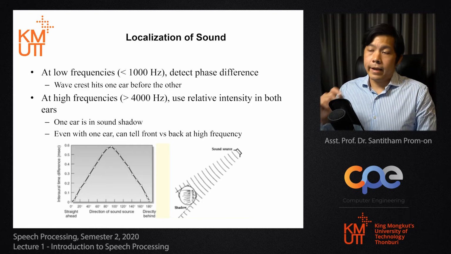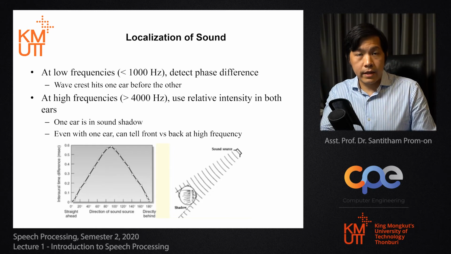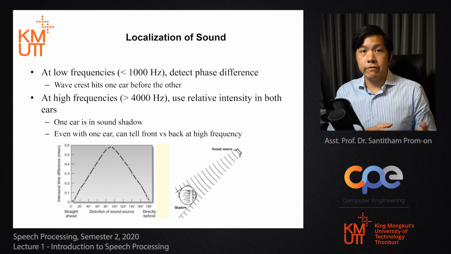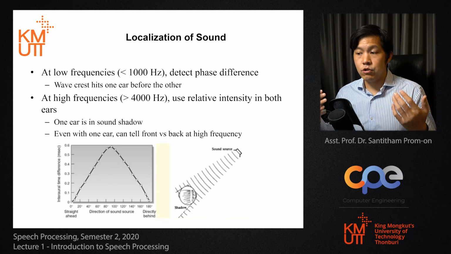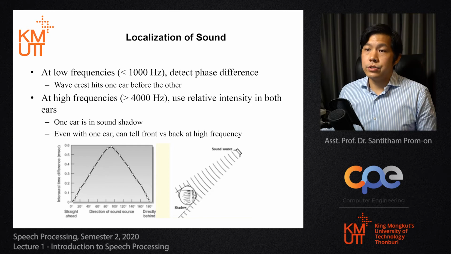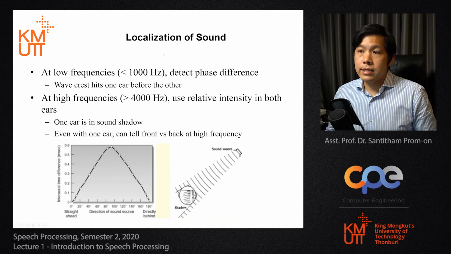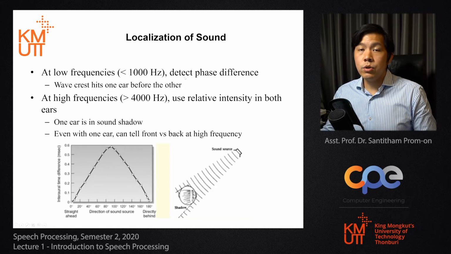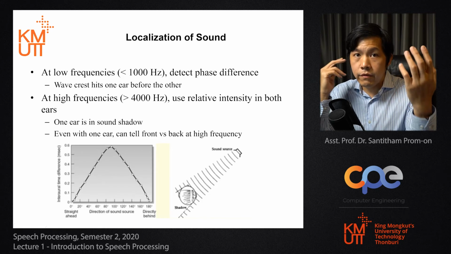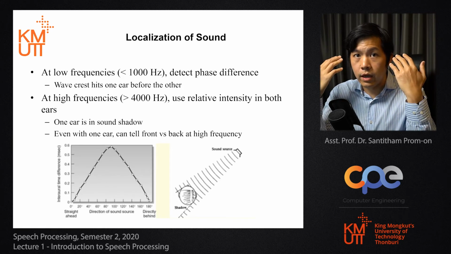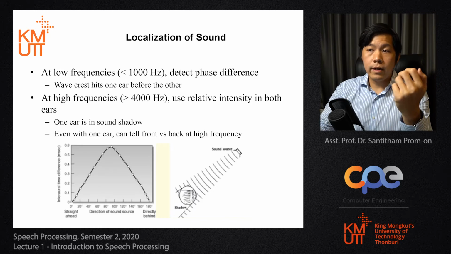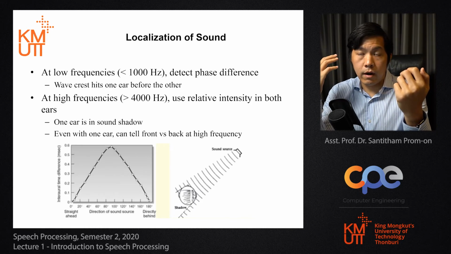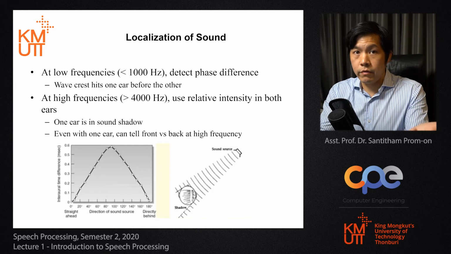The bat would perceive things differently. A snake would perceive through the skin. As humans, we have two ears, so we localize the sound at the low frequency through the phase difference between two ears, where one wave hits the ear before another at the low frequency.